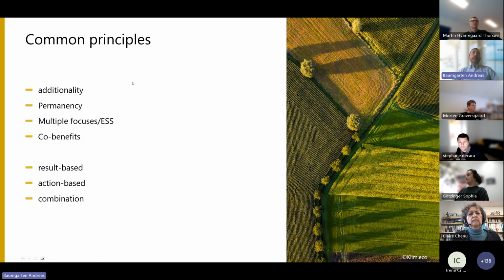So for the common principles, we have heard that additionally to the carbon sequestration, there are some other ideas to be considered, like the permanency, the ecosystem services, and additional co-benefits that could arise from the carbon sequestration. We also have heard that many of the farmers do not consider carbon sequestration as the main topic to some extent already.